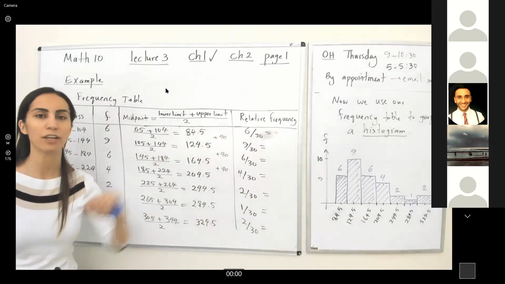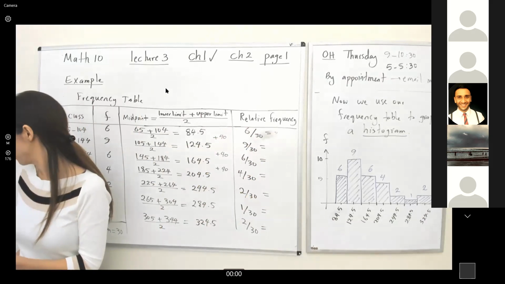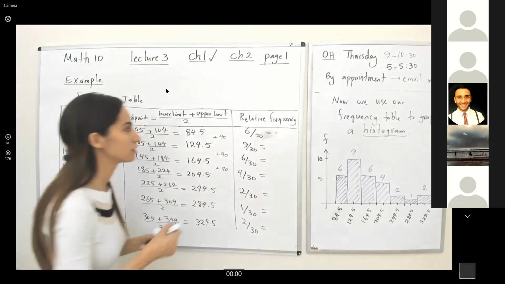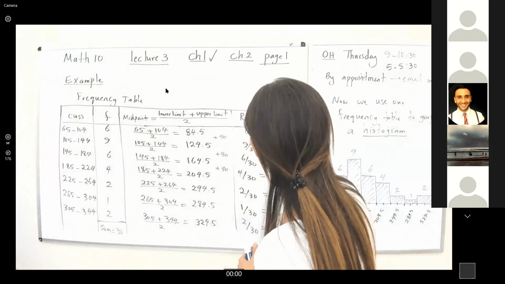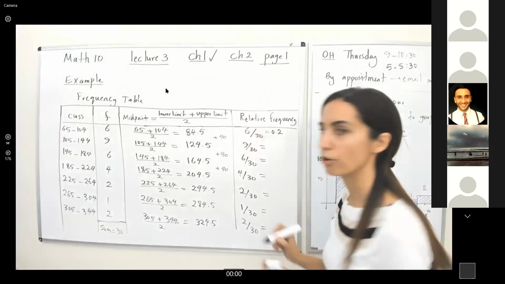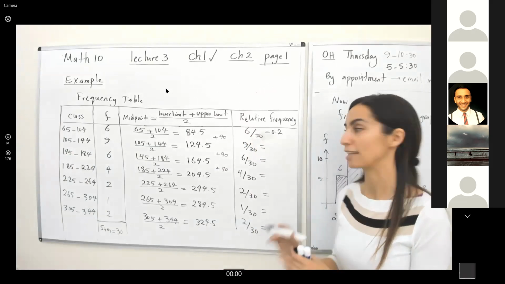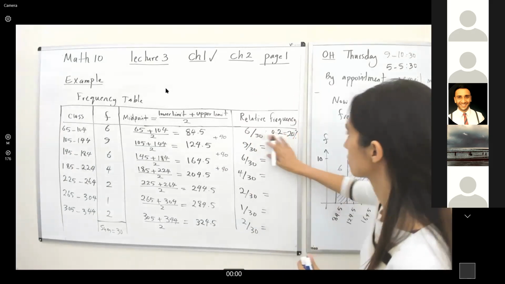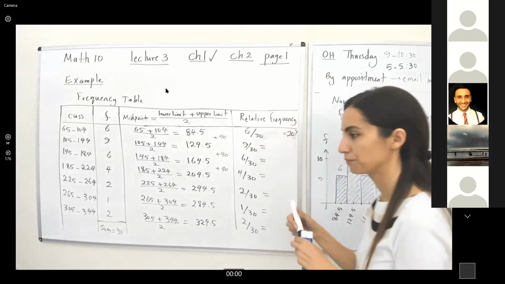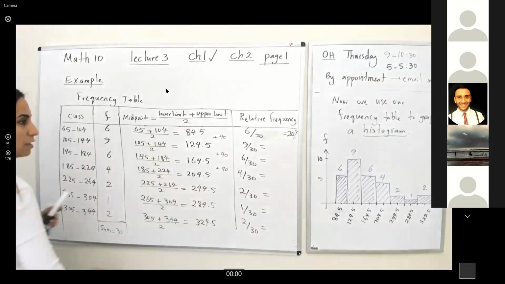What is 6 divided by 30? 0.2 or 20%. So let me move this a little bit here so I have enough space for the percent.